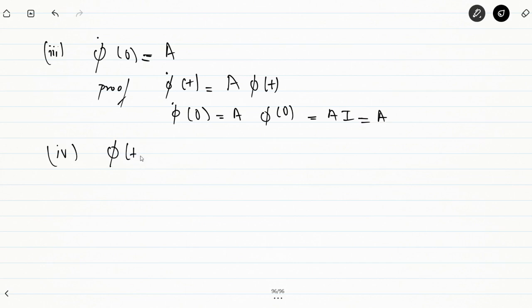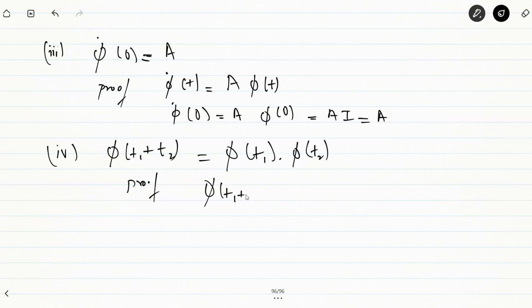Phi of t1 plus t2 will be equal to phi of t1 into phi of t2. So you basically know phi of t1 plus t2 will be equal to e raised power a into t1 plus t2, which will be equal to e raised power a t1 plus a t2, which will be equal to e raised power a t1 into e raised power a t2.